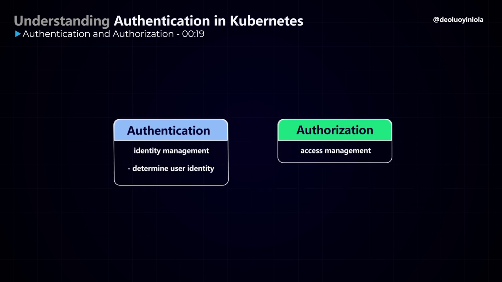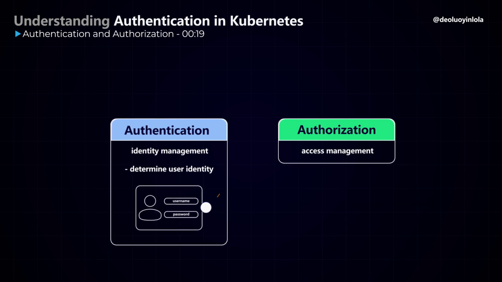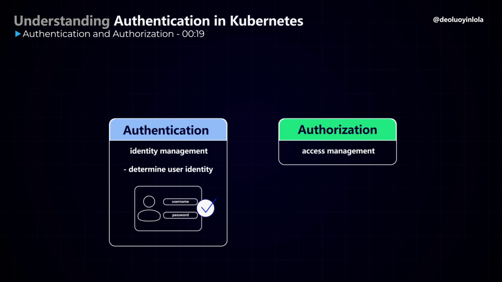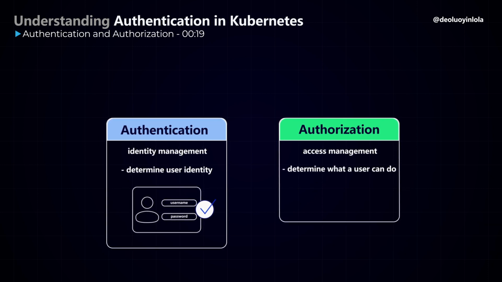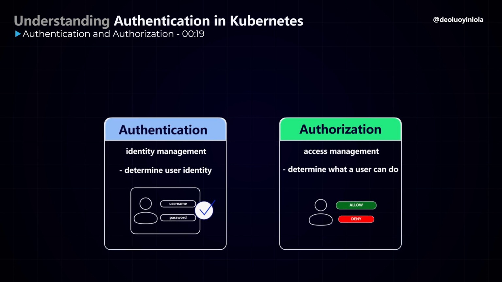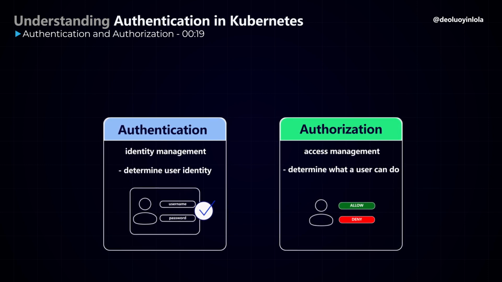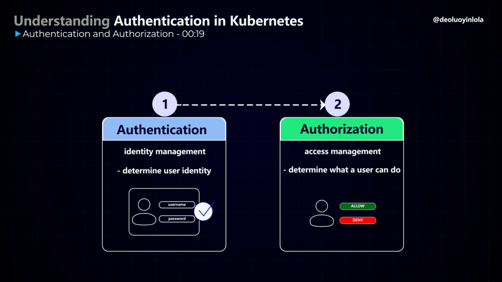The easiest way to visualize this is using a username and password to complete an authentication process. Authorization, on the other hand, determines what the user can and cannot do or access in the system. This also means that in a secure system, authentication is the first step and authorization must always follow authentication.